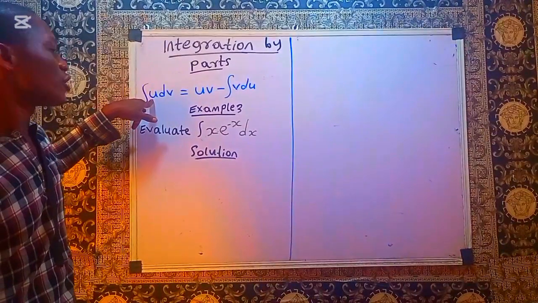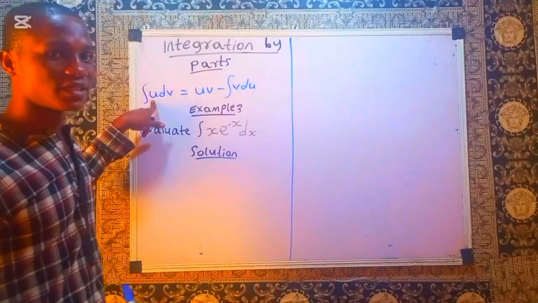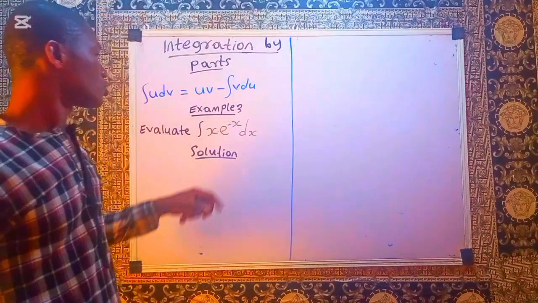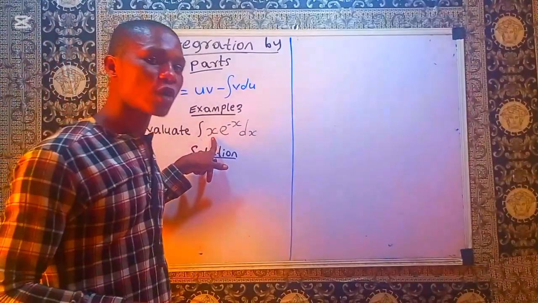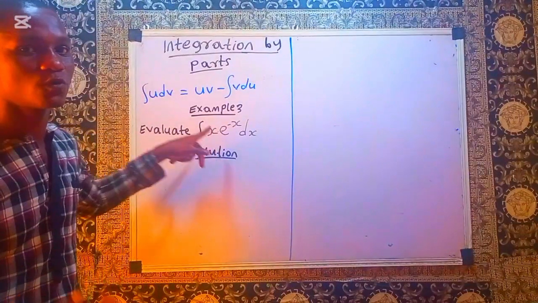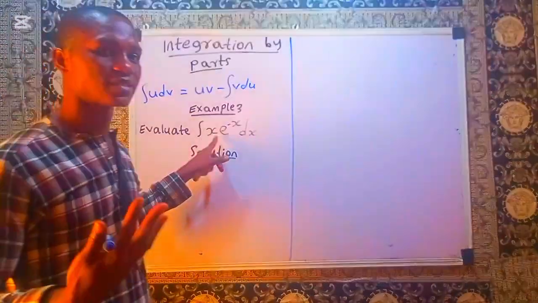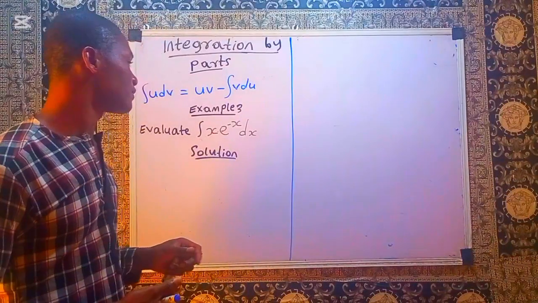The one you call u is the one that will vanish if you differentiate it a certain number of times. If you differentiate x, you get 1. If you differentiate 1, you are going to get 0, because 1 is a constant. So the derivative of x will vanish after a certain number of derivatives.